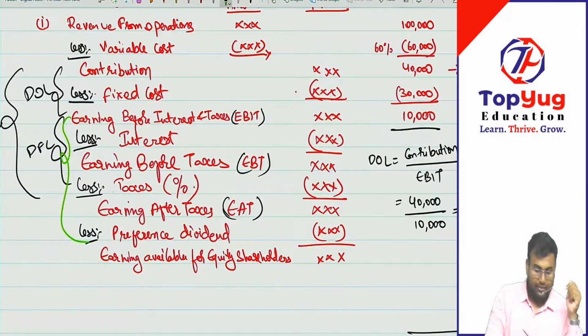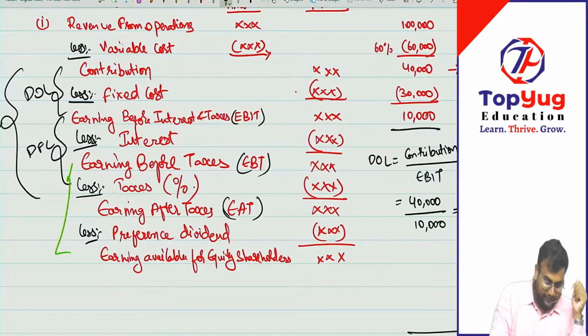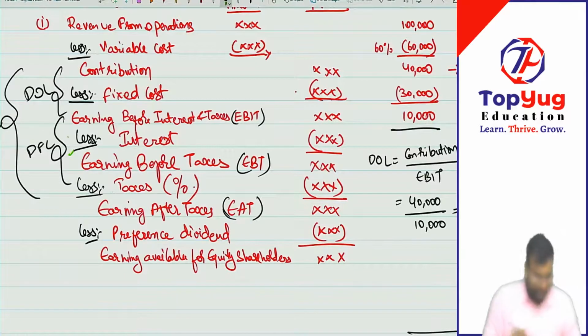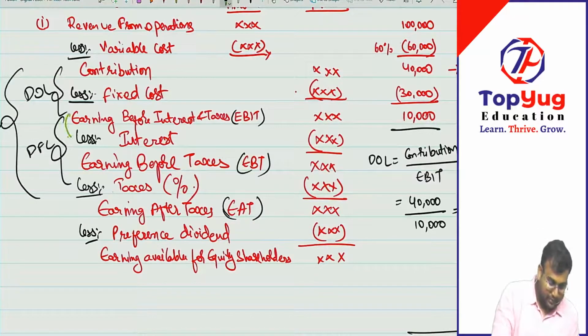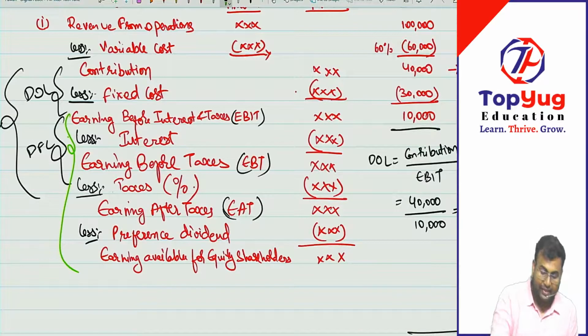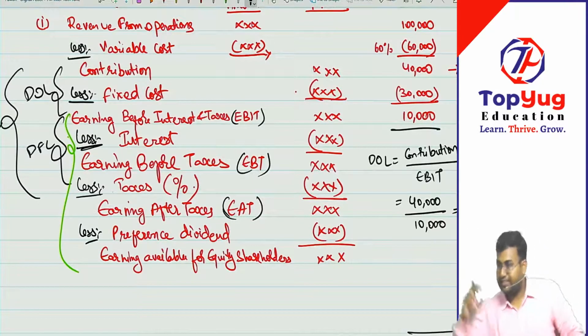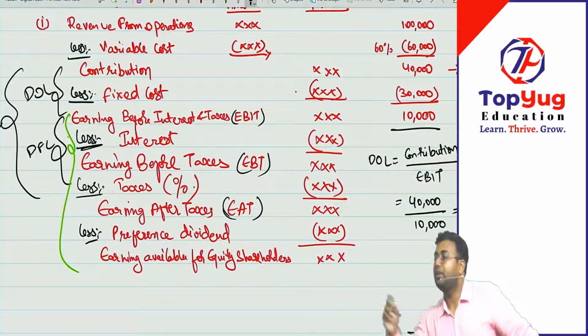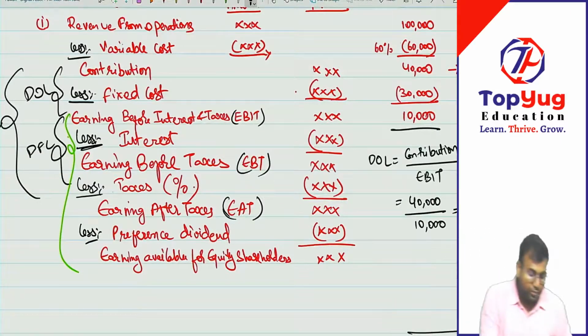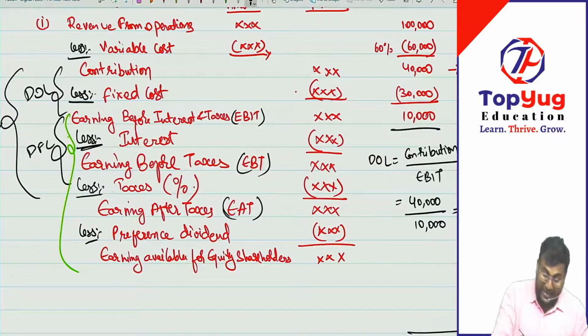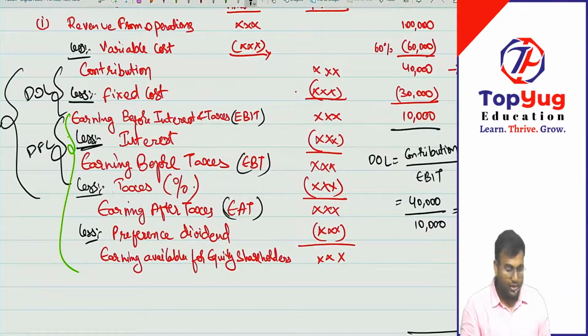If I have this, how much will it be? Total I have to take now. Correct? Yes or no? So it should be EBIT by earnings available for shareholders.